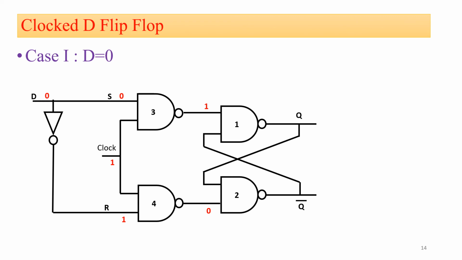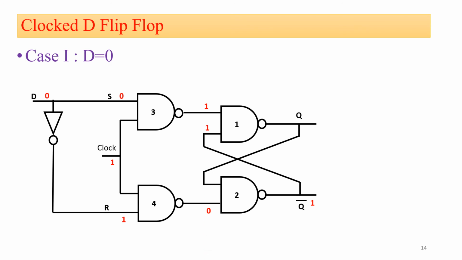Now let's decide what will be the output. As the input to your second NAND gate is 0, your Q bar is forced to be 1. Why? Because as we know, if any one input to your NAND gate is 0, then the output is forced to be 1. That's why for this case your Q bar is forced to be 1.